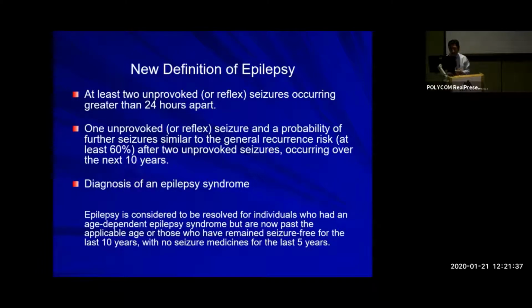And then I guess following the oncology field, they also came up with this last thing where epilepsy is considered resolved, not cured, but resolved, if you have an age-dependent epilepsy syndrome and you've outgrown that syndrome, basically you've passed that age, or you remain seizure-free for at least 10 years and off medicines for 5 years. Okay, so if you're seizure-free for 10 years, of which 5 you're off medicines, then your epilepsy is considered resolved.